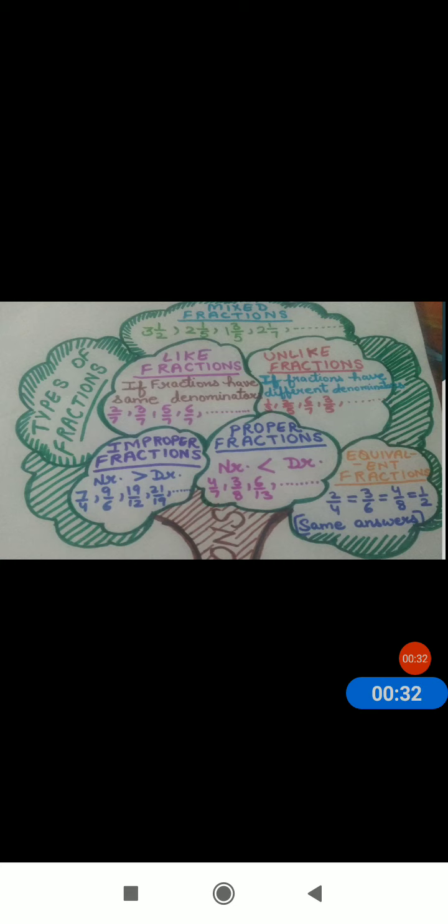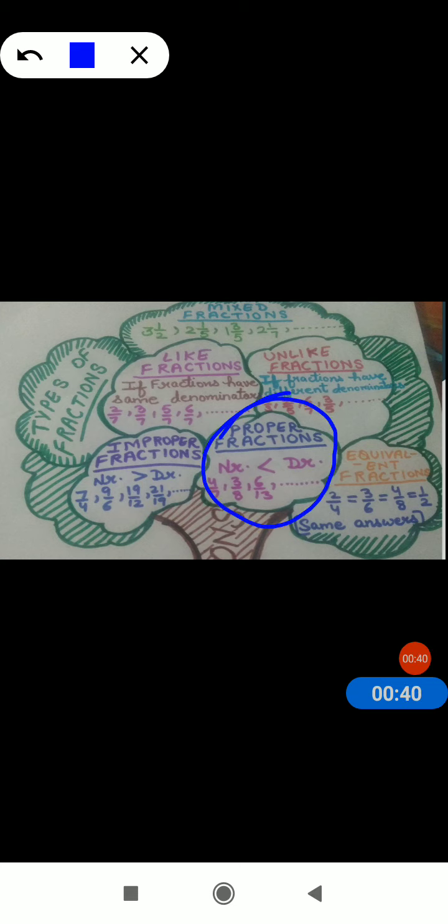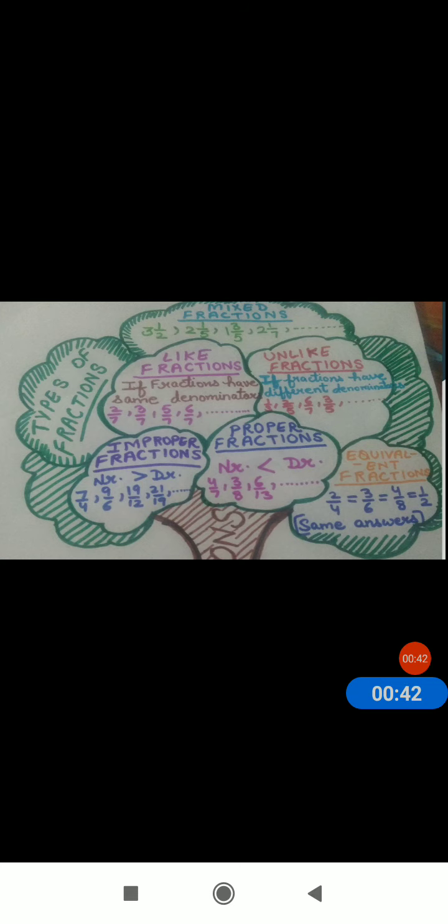You must have seen here in the proper fractions column, this portion. In a proper fraction, the numerator is less than the denominator. That means if your numerator, the number written above the line, is less than the denominator, the number written below the line, that is known as a proper fraction.